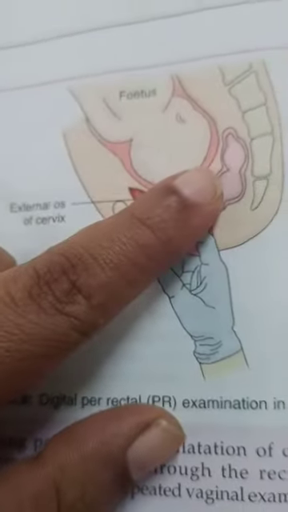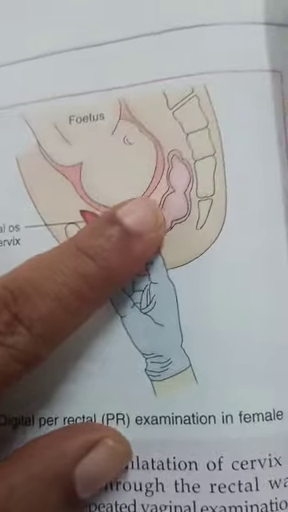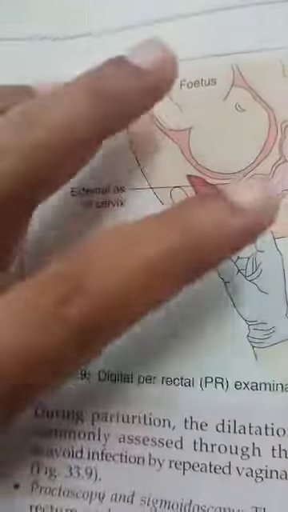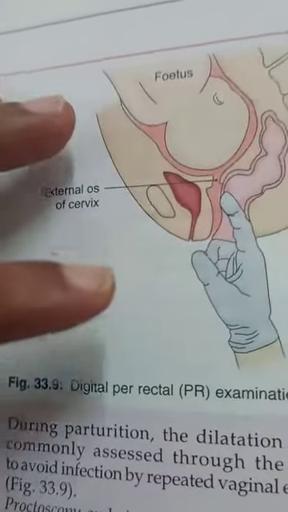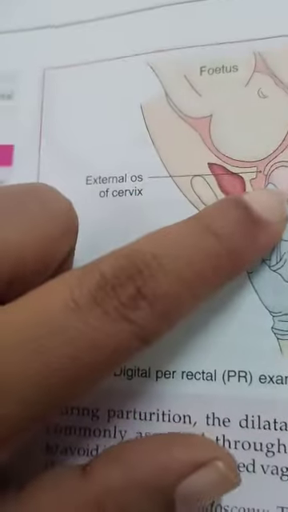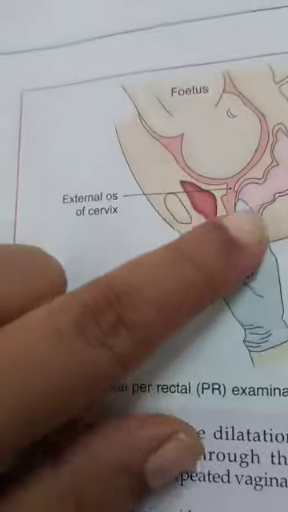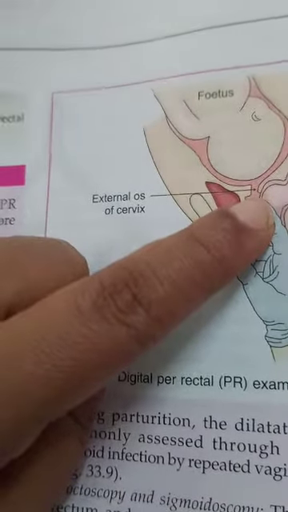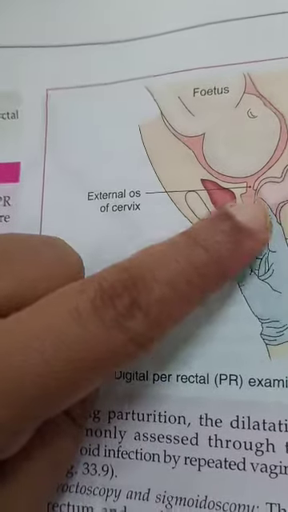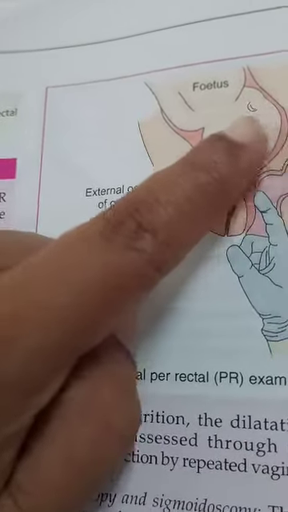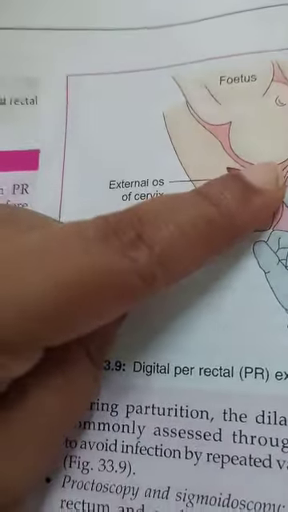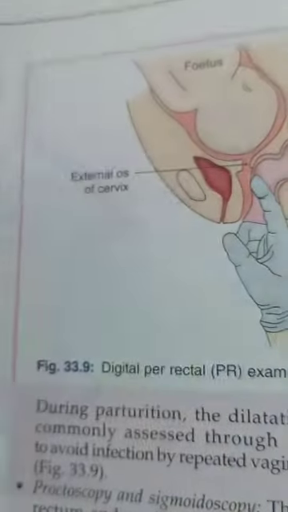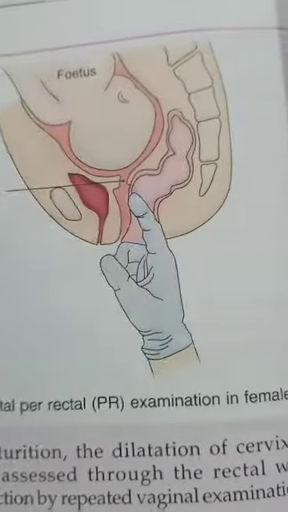We can also do internal examination not through the fingers: we can insert a proctoscope or sigmoidoscope through the anus to see the interior of the rectum. That is known as proctoscopy or sigmoidoscopy. So these are the clinical anatomy points for the rectum.